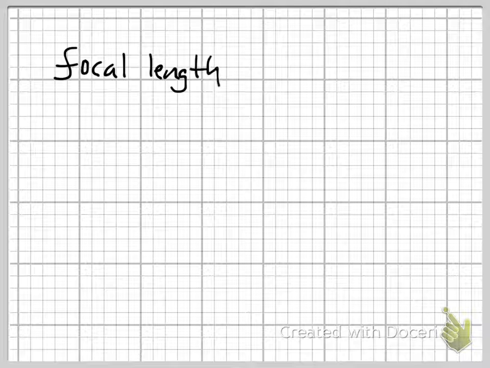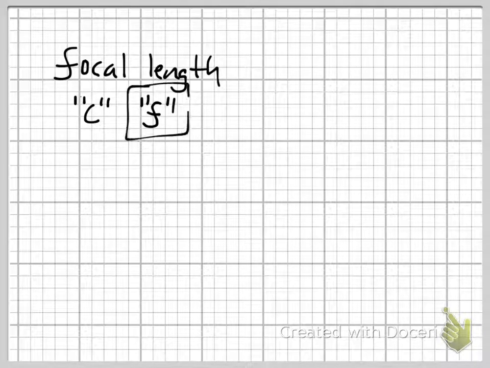You need to find the focal length. Some books are going to represent this with a C, maybe some other letters. I use F because I think F and focal length go together pretty well. It doesn't really matter. The important thing is to know how to find it.